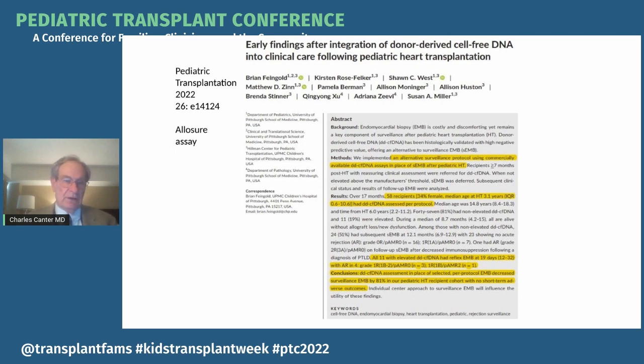And this is clearly a pilot study with a limited number of patients in one center, so it's not definitive. But this shows, as other studies have come out, that the same pattern of cell-free DNA with and without rejection seems to occur in children regardless of age, making this tool very attractive for applicability to the pediatric heart transplant population and for other pediatric solid organ recipients.